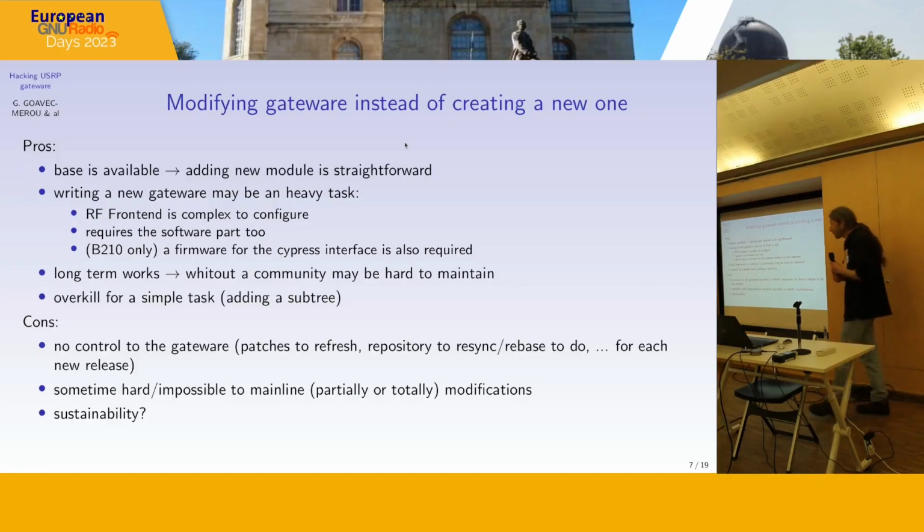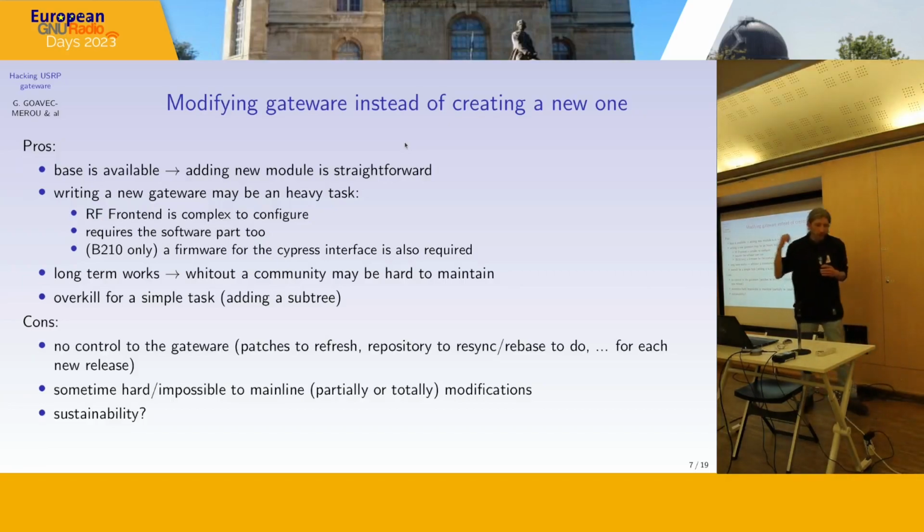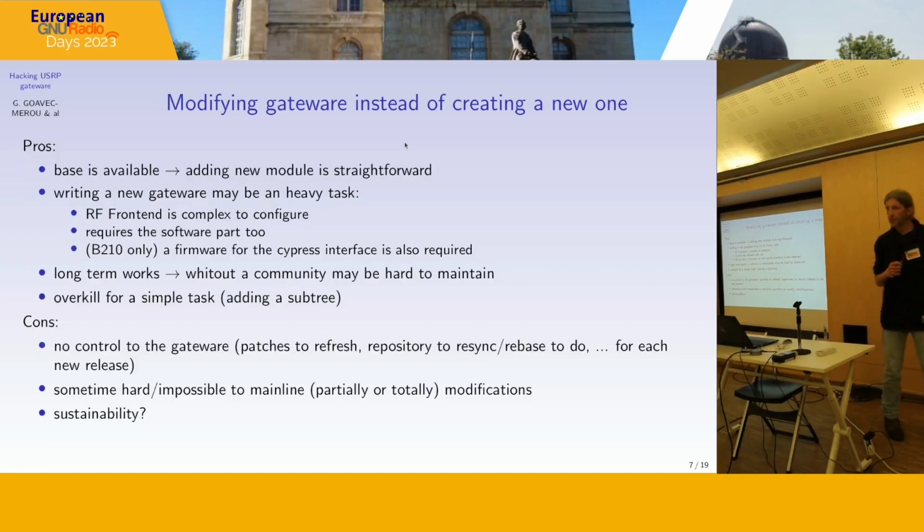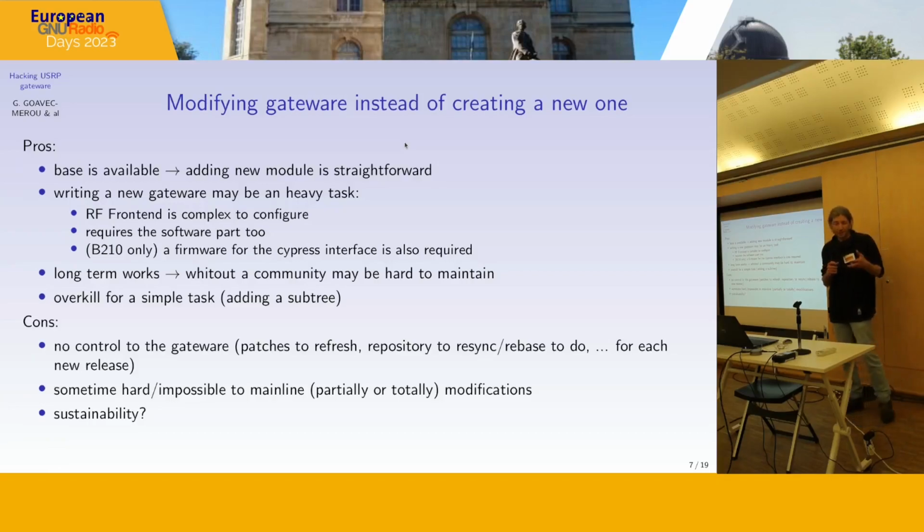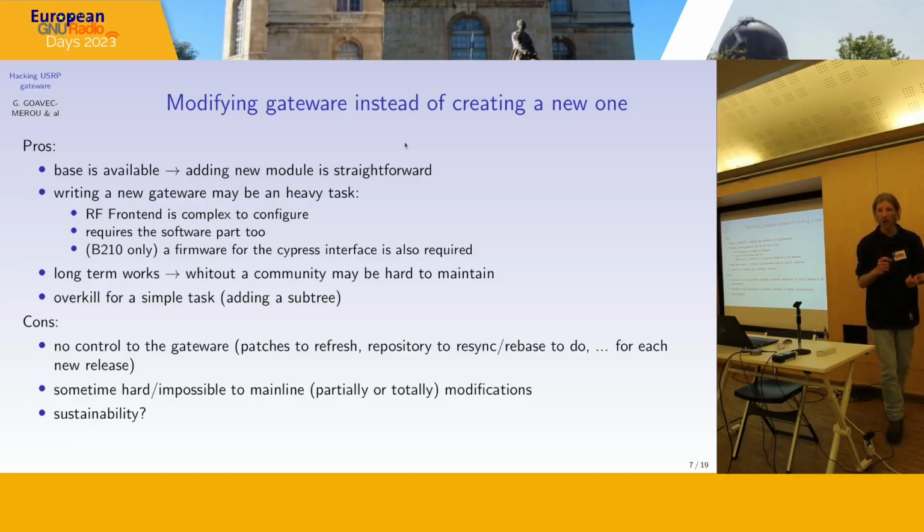But by modifying the firmware of the USRP, you have to maintain your modification. You have to find a way to store your modification. You have to refresh this modification each time Ettus decides to release a new version, and when the package manager of your operating system decides to update to the next one.